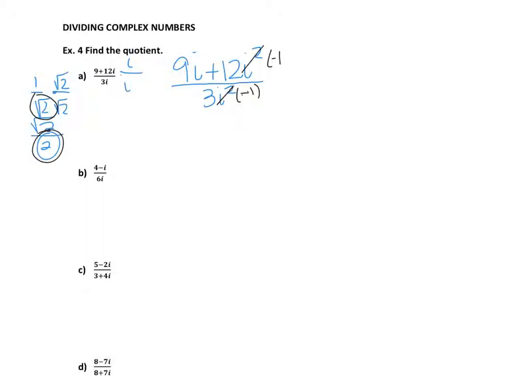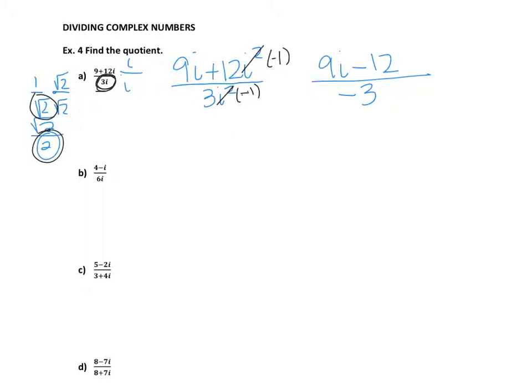So I'm going to change all of my I squares into -1s. Now let's rewrite what we have. So I have 9i minus 12 on the top, and I've got -3 on the bottom. So have I accomplished what I set out to do by making my bottom rational? It went from 3i to -3.